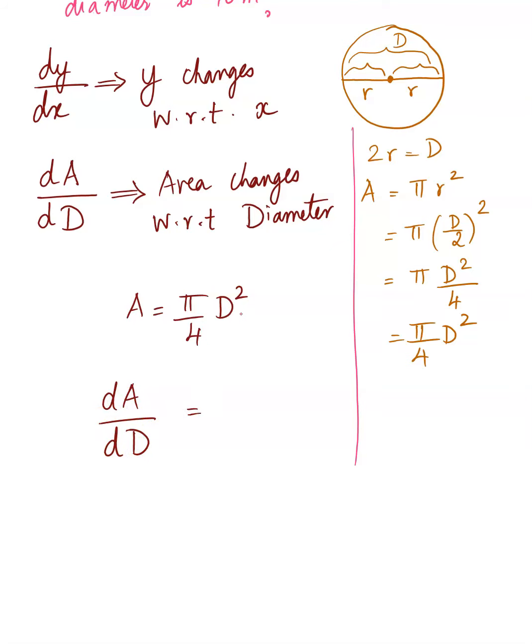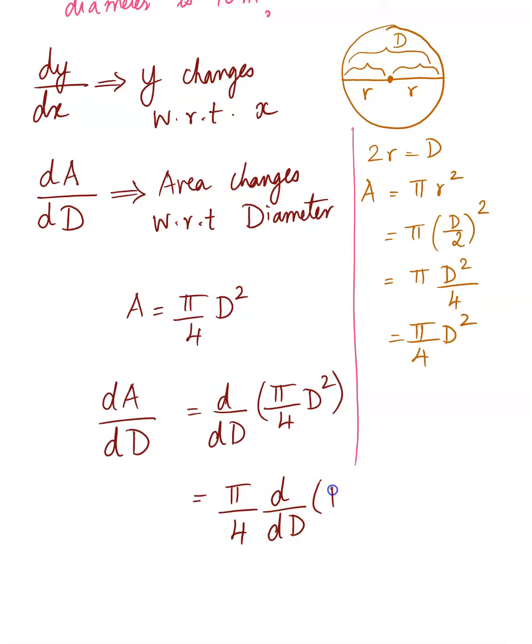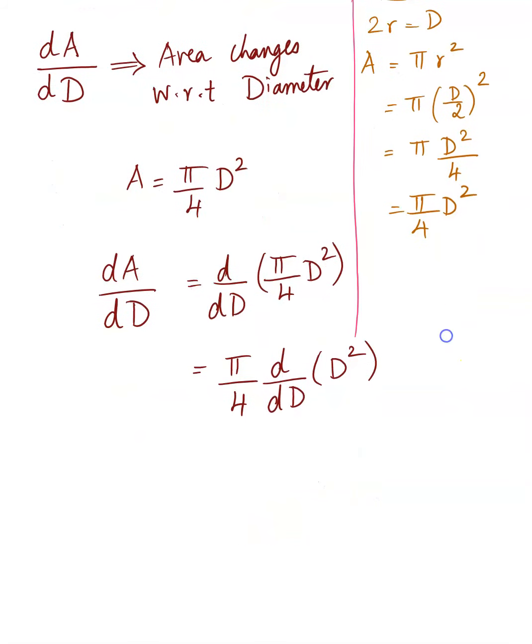Previously we would have had x, but here it's D. So if you want to take the derivative of this pi over 4 D squared, we replace the function A with the expression associated with it. Pi over 4 very clearly is a constant, so pi over 4 needs to be pulled out and you take the derivative of just the D squared. Now we can use the power rule: pi over 4 is pulled out times D squared will be 2 times D power 2 minus 1.